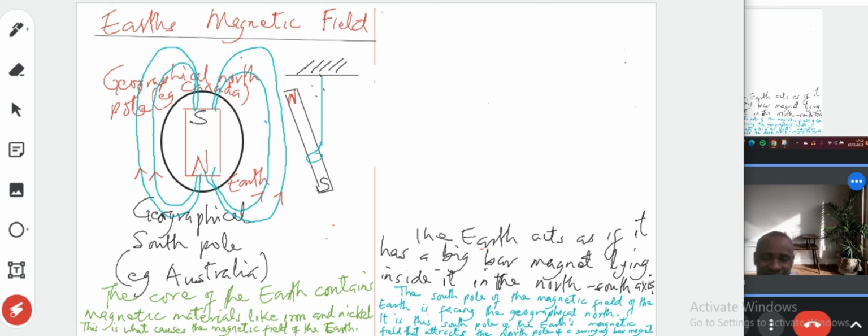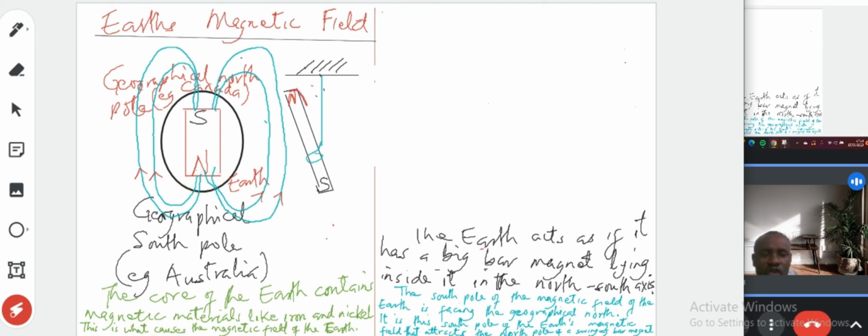The Earth has its own magnetic field. The south pole of the Earth's magnetic field is in the geographical north. The north pole of the Earth's magnetic field is in the geographical south.